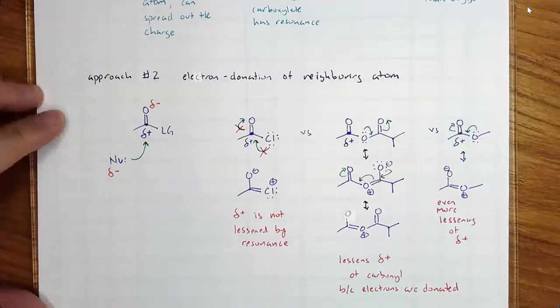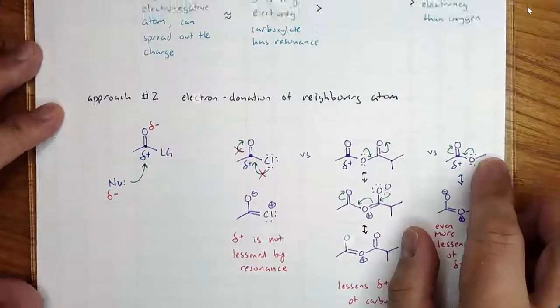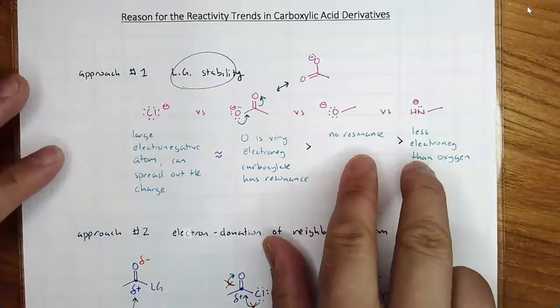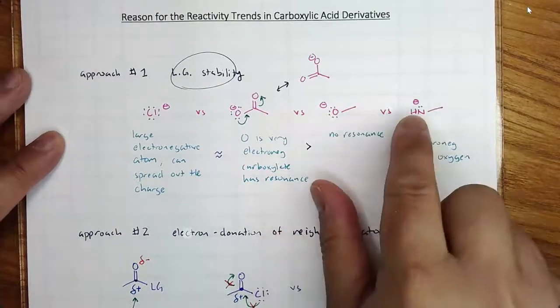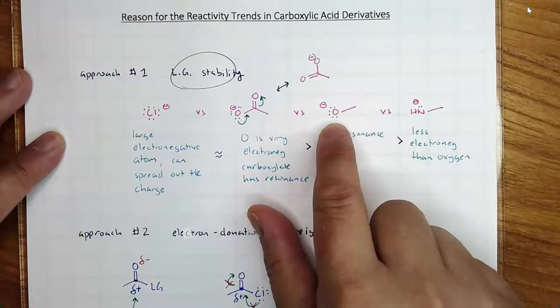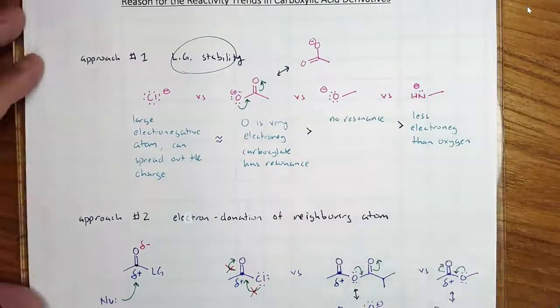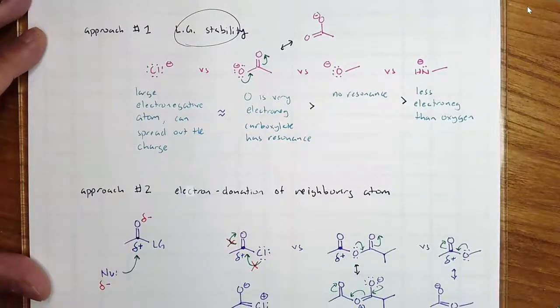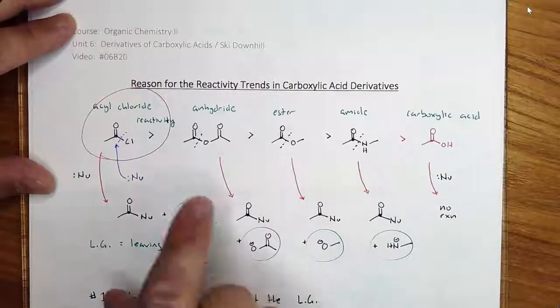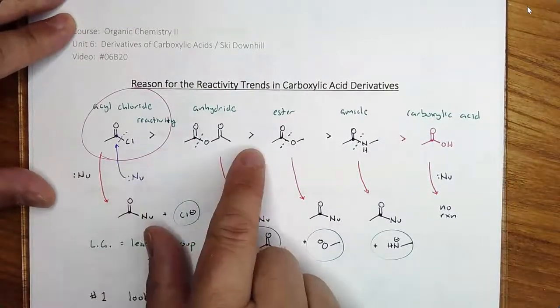And for the amide, we're going to depend on the leaving group stability. This is incontrovertible. This is definitely true, that the N- is less stable than the O-. So taking those two approaches together, we come up with the reasoning behind this trend in reactivity.